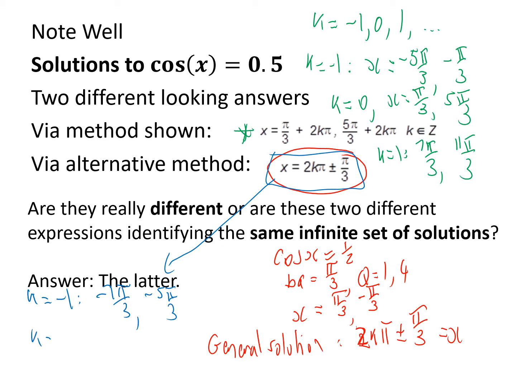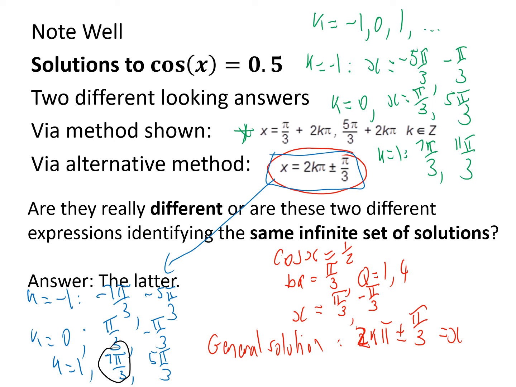When k is equal to 0, we've got pi on 3 and minus pi on 3. When k is equal to +1, we've got 2 pi plus, so we've got 7 pi on 3 and 5 pi on 3.